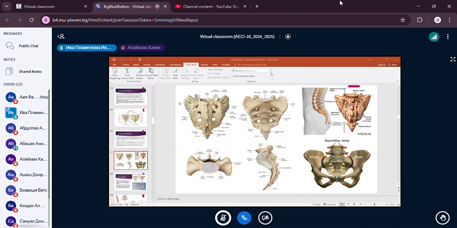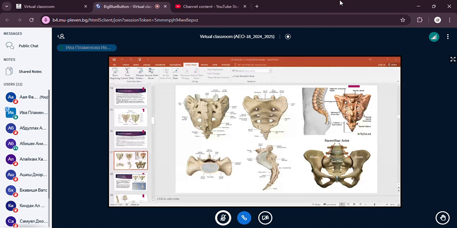The wings, perfect, here on the lateral surface. What was this? Like an ear. In Latin, auricula. Here is the articular surface for the ilium, but it has the name auricular surface. It looks like an ear.